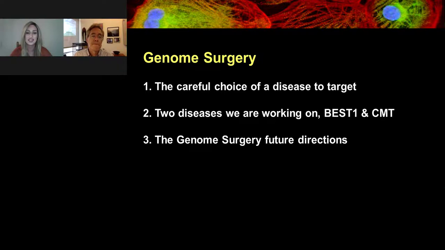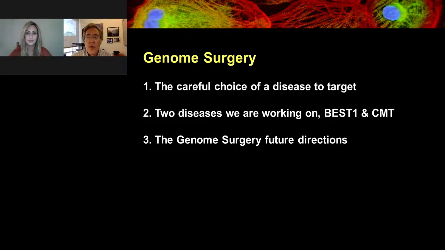So let's get started. Our first question is, what do you think genome surgery will look like 10 years from now? Well, I think it's a very good question. I think that it will definitely be quite different, in the sense that certainly there will be clinical trials that have proceeded both for relatively common diseases such as sickle cell and thalassemia.